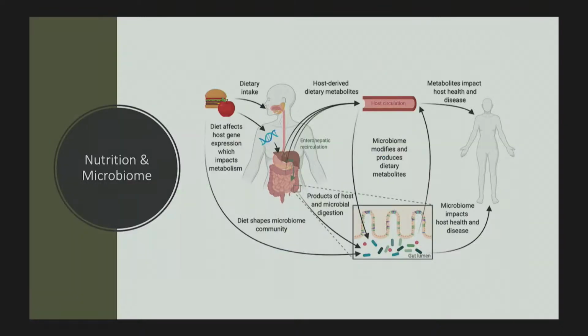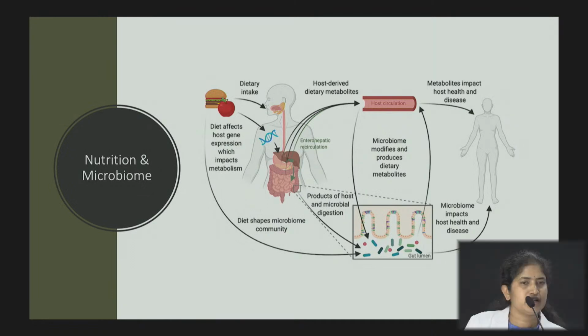As you see here, the dietary intake, in any form, by any route, affects host gene expression, which impacts metabolism, and it also shapes the microbiome community. Either host-derived dietary metabolites or the products of host and microbial digestion reach the gut lumen, which in turn impacts host health and disease process.